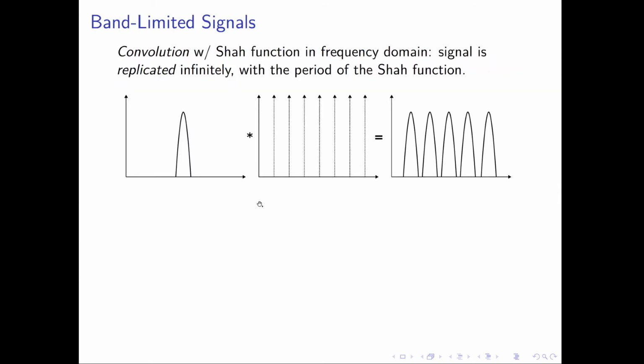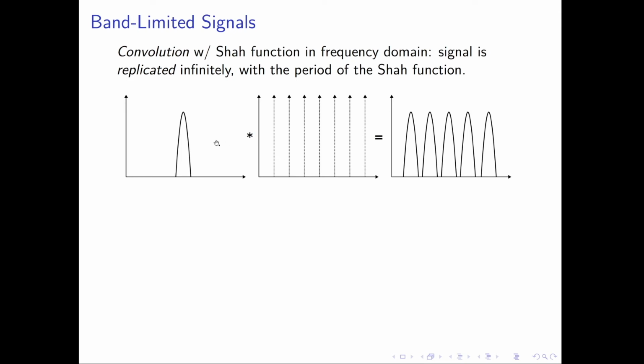Graphically, that means that we have our continuous signal, and the signal happens to be a band-limited signal, right? And when we compute the convolution of the signal with the Shah function, we're in the frequency domain here, so graphically that means that all those frequency contributions are just replicated along the spikes of the Shah function.